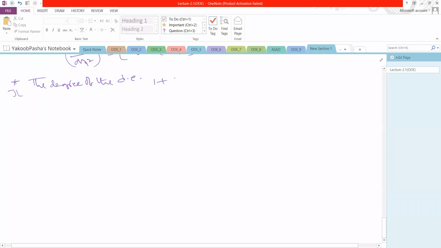(1 plus dy by dx whole square) whole power 3 by 2 is equal to k into d square y by dx square. This is the question.